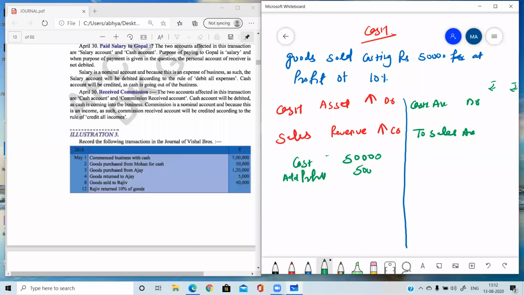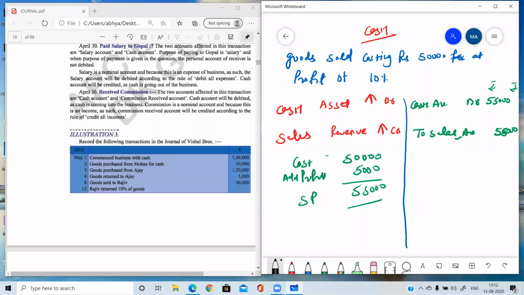So the 5,000 is the profit. Now the selling price, cost plus profit, that is 55,000. And you need not show the profit separately. Profit is included in the sale price. Total cash you are receiving 55,000 and total sales are 55,000.